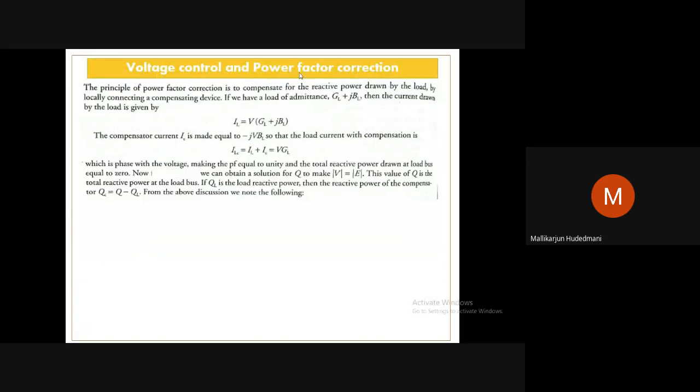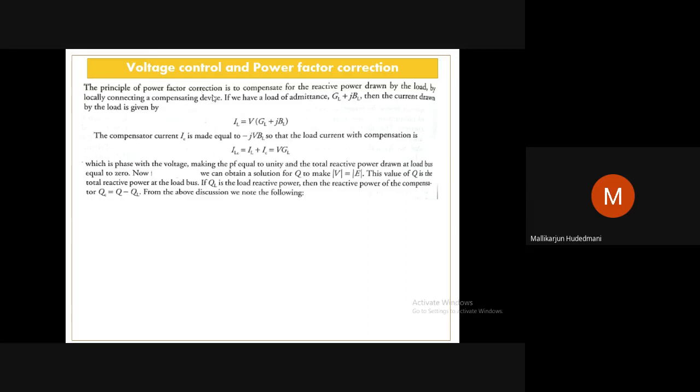Then we can see how power voltage control and power factor correction can be viewed. The principle of power factor correction is to compensate reactive power. As you are aware, why does the power factor get affected? If we have a power triangle, hypotenuse, adjacent side, vertical side, which is the reactive part having inductive and capacitive terms, when they become equivalent, the concept of power factor leading and lagging comes into the picture.